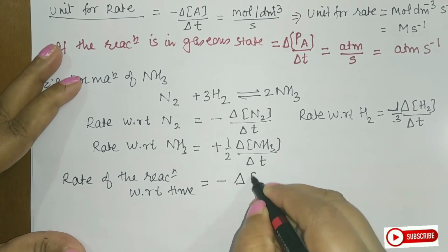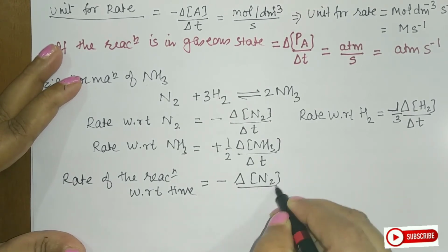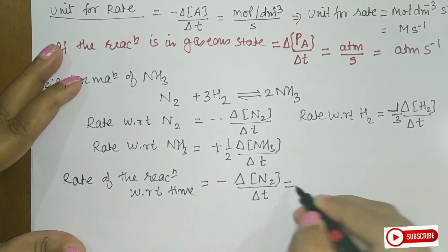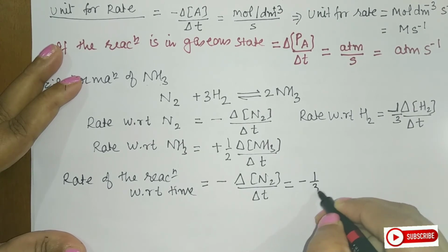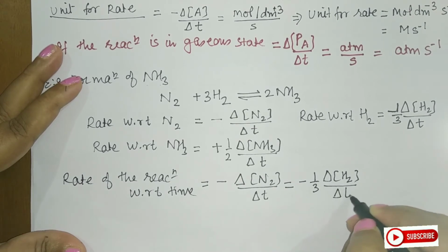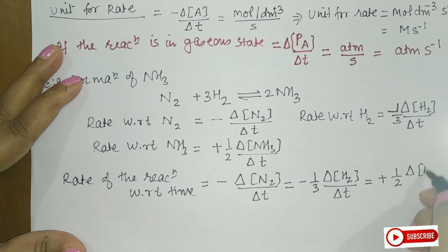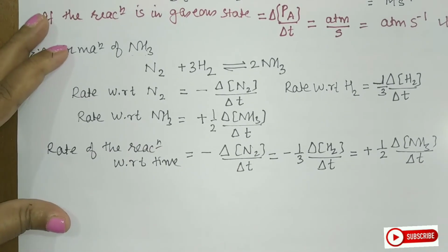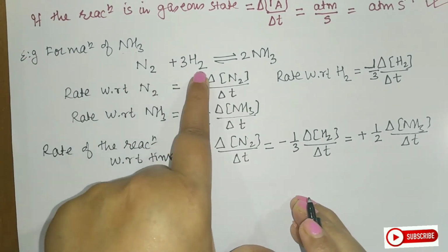Minus delta N2 by delta T is equal to minus 1 upon 3 delta H2 by delta T is equal to half delta NH3 by delta T.